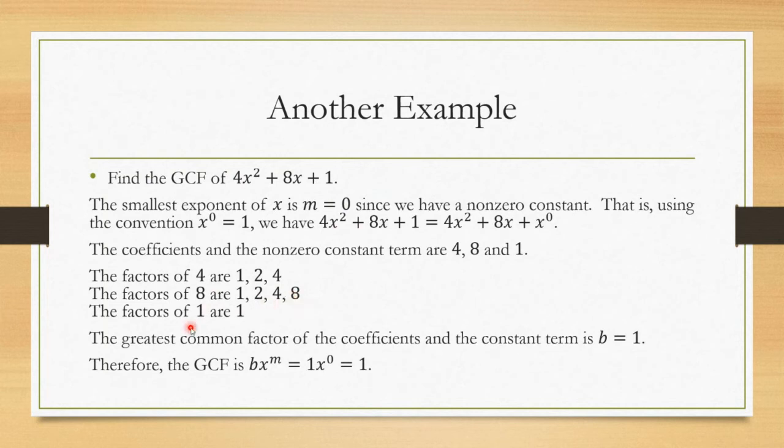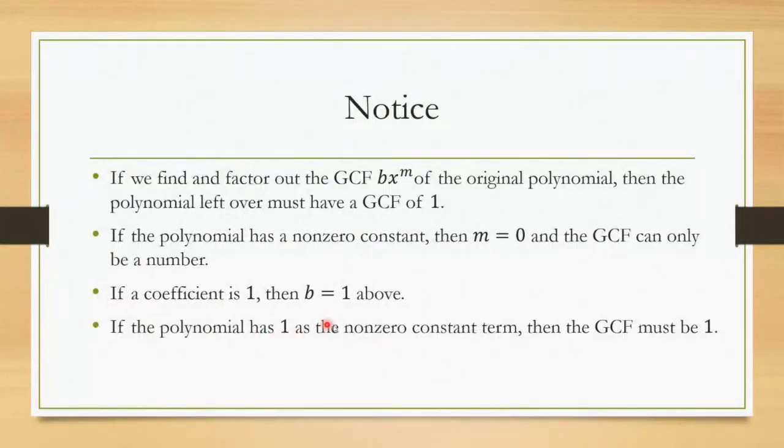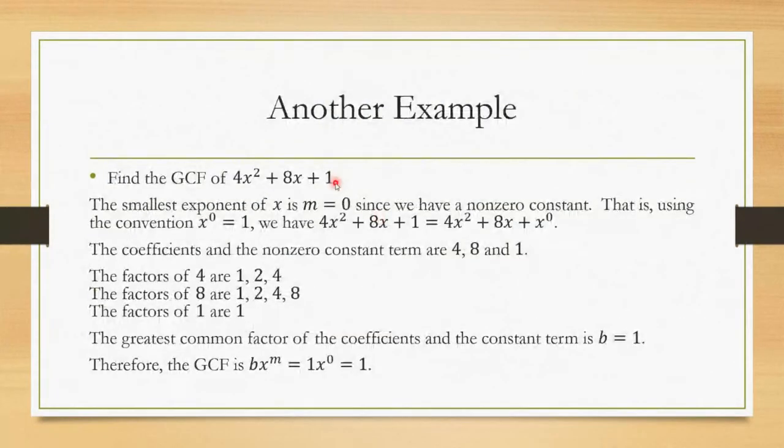The factors of 1 is just 1. The only common factor is 1. That forces b to be 1. So altogether, we get b is 1, m is 0. That is, the GCF is 1. So this example is just really illustrating the bottom statement here: if you have a polynomial which has 1 as the non-zero constant term, the GCF has to be 1. Okay, that's good. Are there any questions on this?